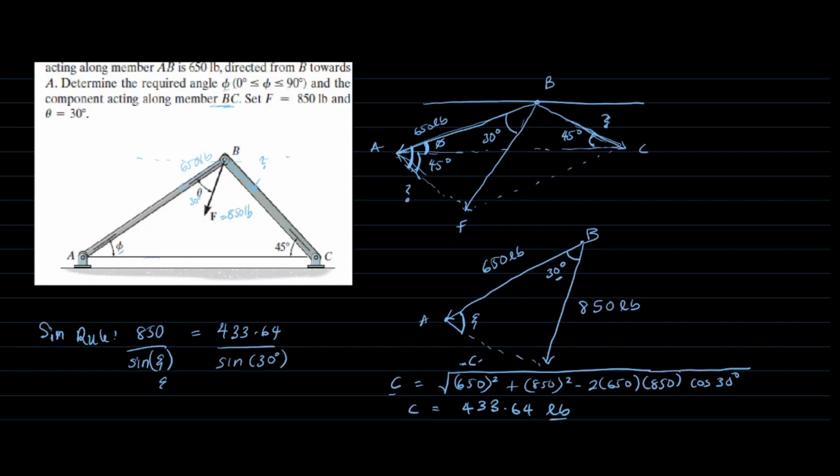If you solve this, you can tell that epsilon equals 78.54 degrees. Now, since we know the full angle, we can simply subtract 45 degrees, so phi equals 78.54 minus 45 degrees. We're going to get 33.54 degrees. Therefore, we have found what phi is, and we have found the component force acting along AB.